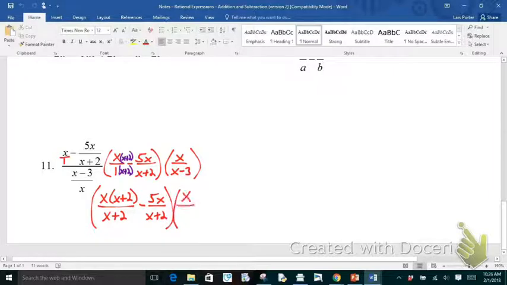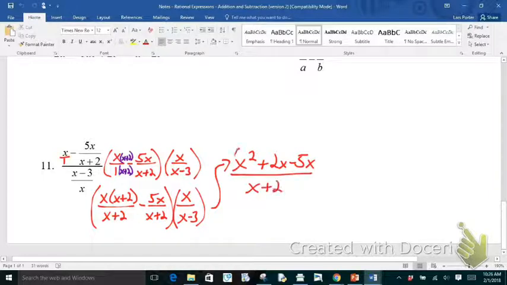All of this times x over x minus 3. Move my work up so I'm continuing to have space. I would get x times x is going to give me x squared plus 2x minus 5x over x plus 2. So all of that is that first term times x over x minus 3.